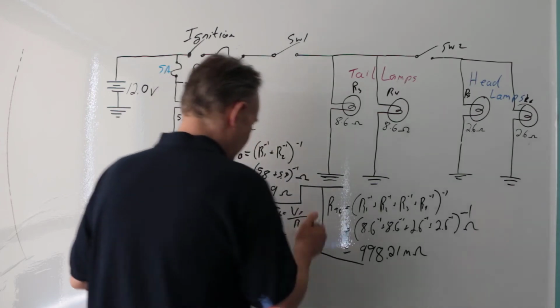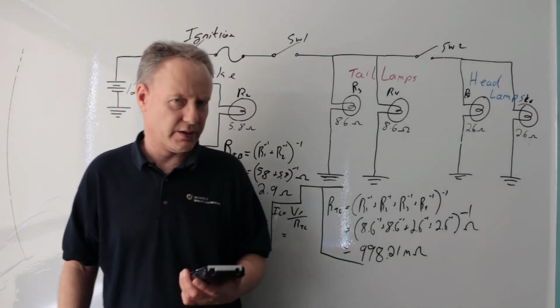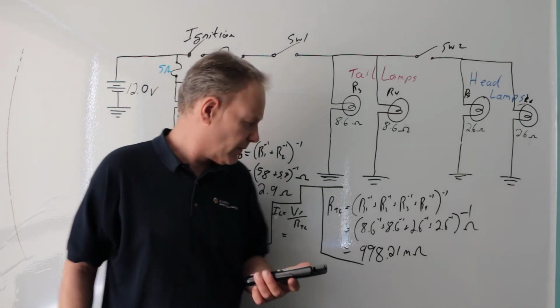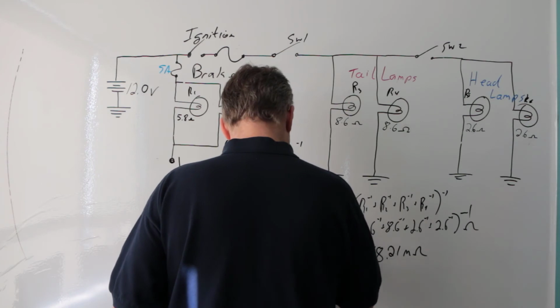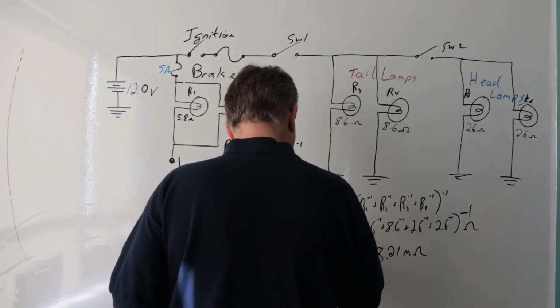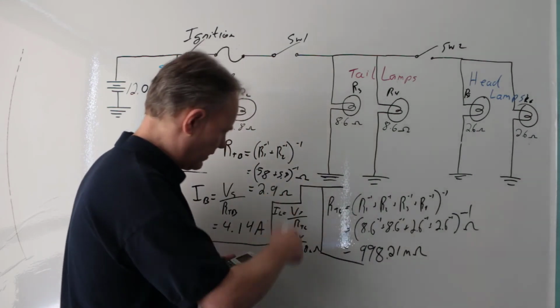I'm going to write this down. 12 volts divided by 998.21 milliohms. Sorry, it's hard to write on an angle.